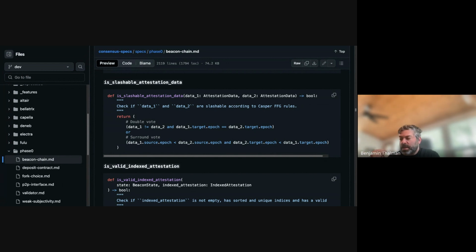And I would say that the recipe for a slashable event is basically running your validator keys in two or more instances at the same time. That's a recipe for disaster.